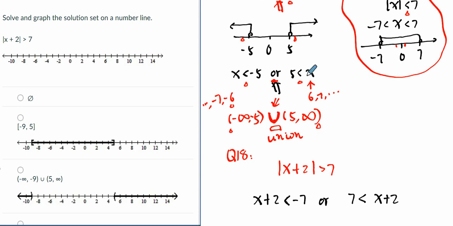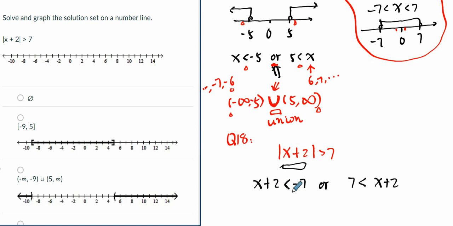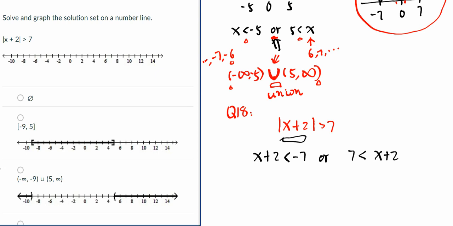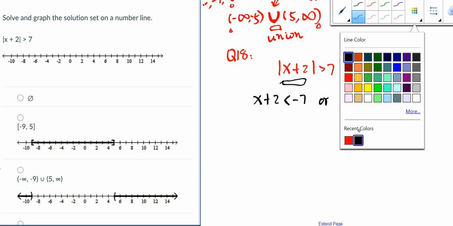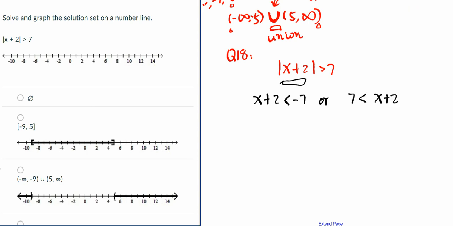Say x greater than 5. The whole quantity x plus 2 greater than 7, and also x less than negative 5. So the whole quantity x plus 2 less than negative 5 is negative 7. This is how we convert that. Okay, then we got to use a different color, red in this case.